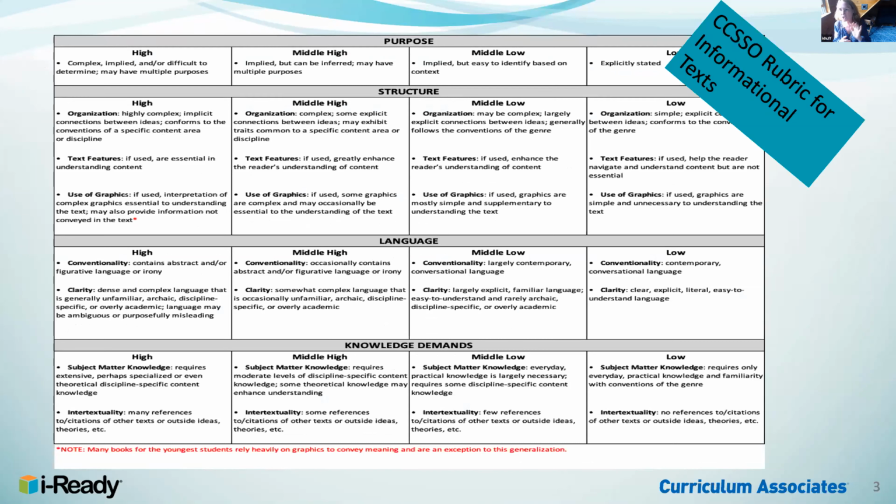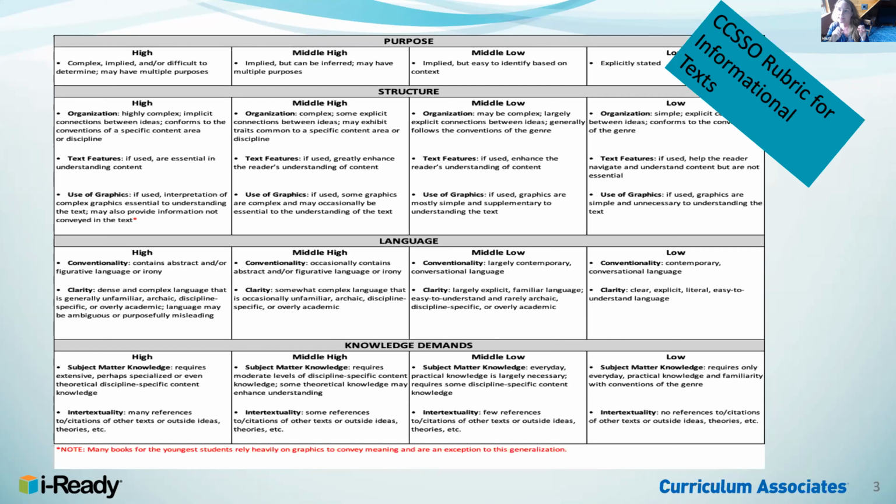I intentionally made this slide so you couldn't read it, because I'm not here to defend or debate or even describe what is in this rubric. This is a rubric that is used widely in the K-12 instructional and assessment field.